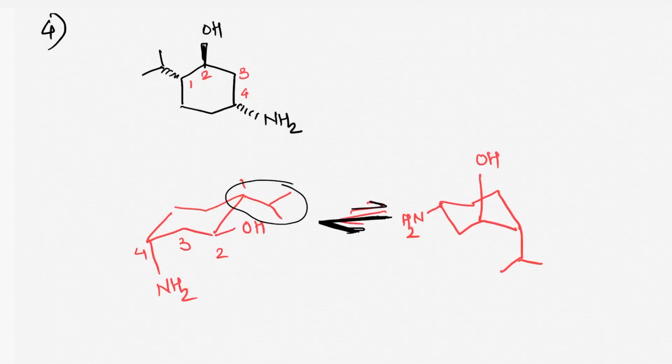But our job is to calculate the percentage of molecules that exist in the least stable conformation. So, how many molecules are really in this particular conformation, that is the question. In order to do that, we need to look at the delta G 0 values for going from axial to equatorial.